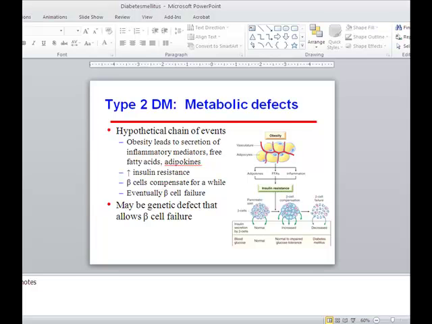So the target tissue develops insulin resistance, and initially, when the target tissues become resistant to insulin, the system tries to overpower these receptors by increasing the amount. The pancreas tries to overpower these receptors by increasing the amount of insulin it secretes. But eventually, that elevated level of insulin does not have much of an effect.